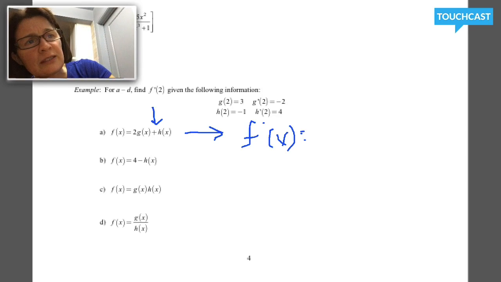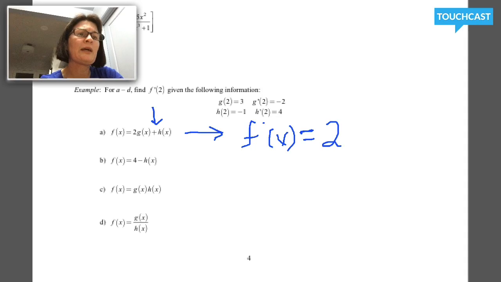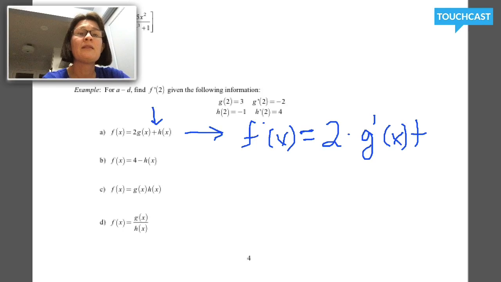So that 2 is going to hang out and still be a multiplier times whatever the derivative of g is. Well, the derivative of g is called g prime of x. Plus, because I said I could use the sum rule here, the derivative of h of x is called h prime of x.